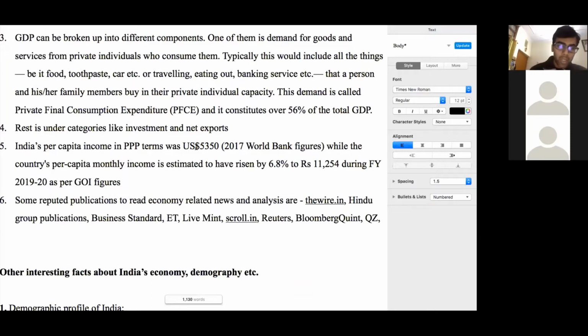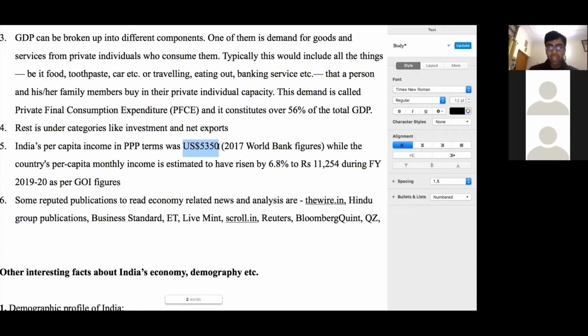And that's why, according to those 2017 or 2018 figures, India's per capita income in PPP terms is US dollar 5,350. That is the total gross national income of India divided by the total population of the country. And that's when we arrive at this figure.